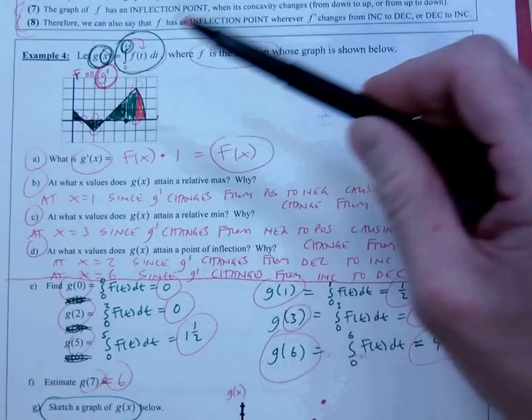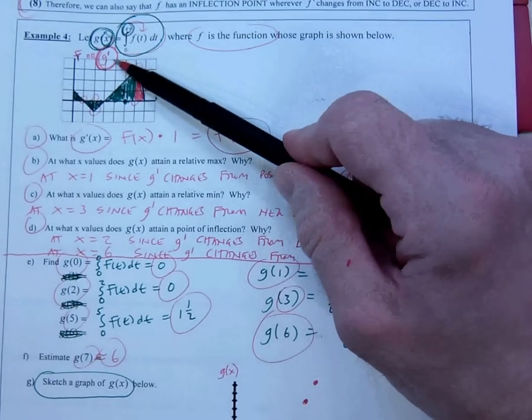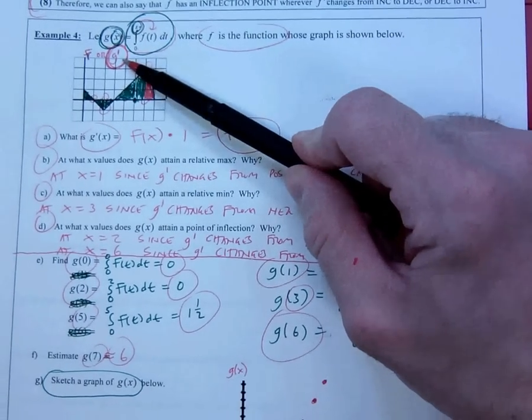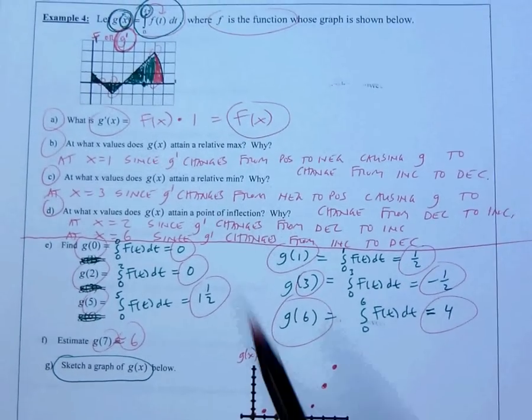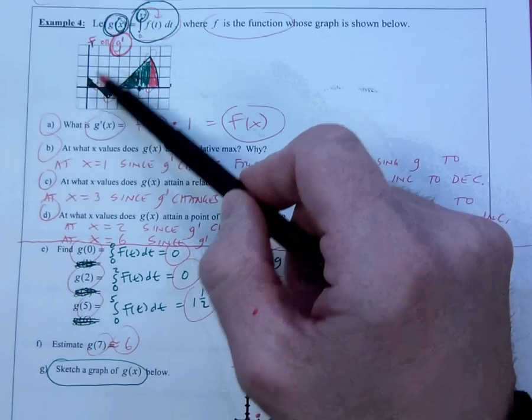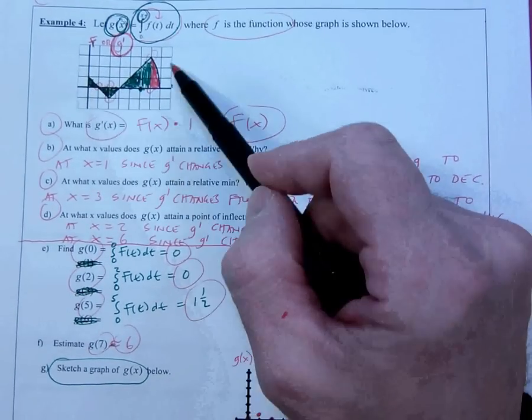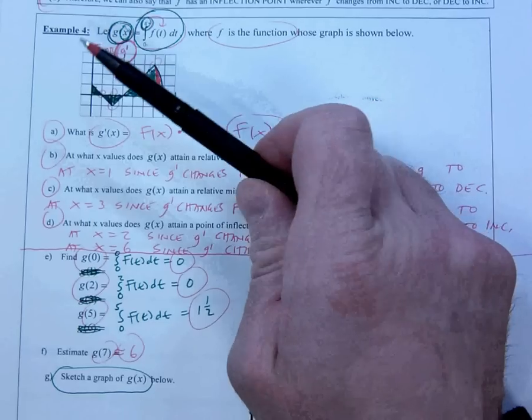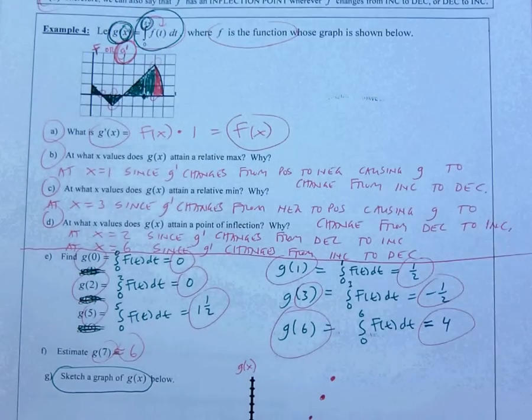G prime. So if that's a graph of G prime, look at what's happening between 0 and 1. Between 0 and 1, G prime is positive, because it's above the x-axis, but it's decreasing from left to right, isn't it?